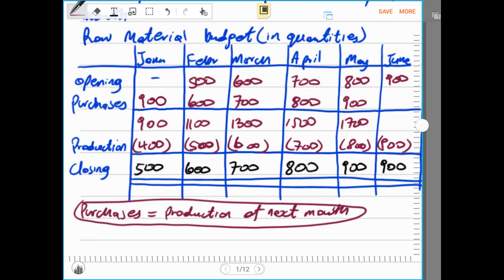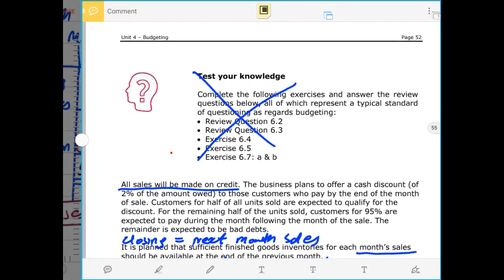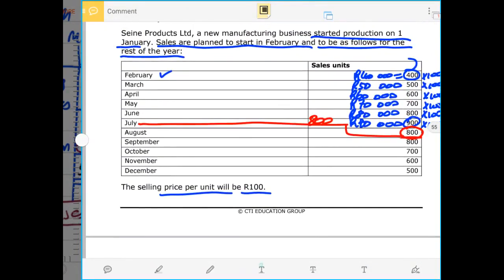now we have to do the production of the month of June. Remember, purchases of the month of June is equal to production of the next month. So now we need to know the production of the next month, which is the production of July.